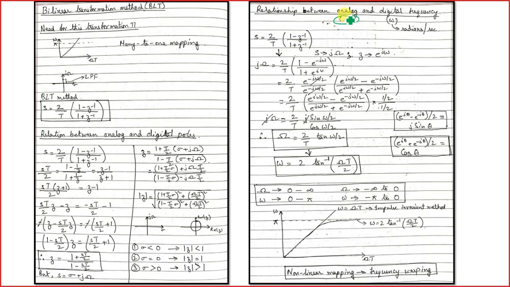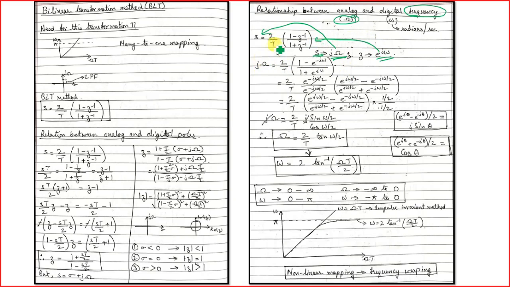And since we are interested in the frequency component, what we will do? We will only be taking the frequency components from the S plane and the Z plane. Okay. So in the S plane, our frequency component is j omega, whereas in the Z plane, our frequency component is e to the power j omega, and we will just replace it in this transformation equation.